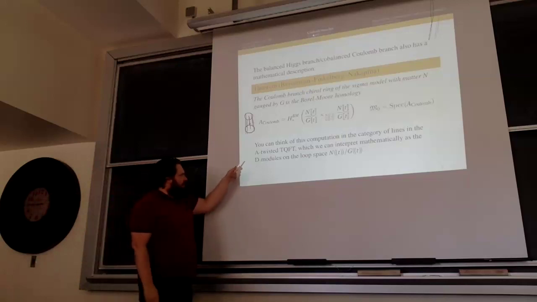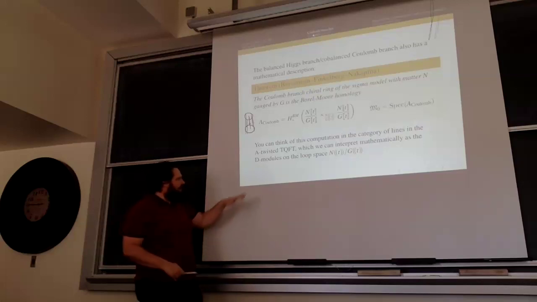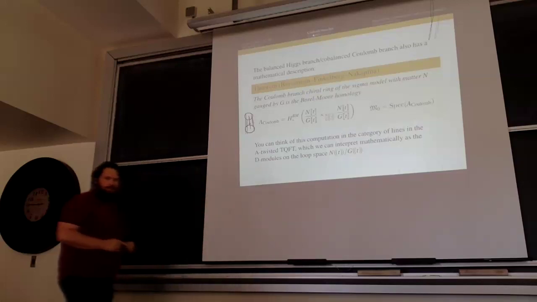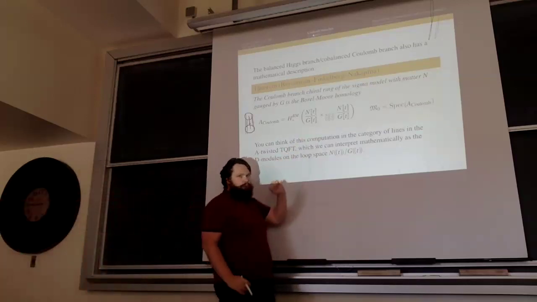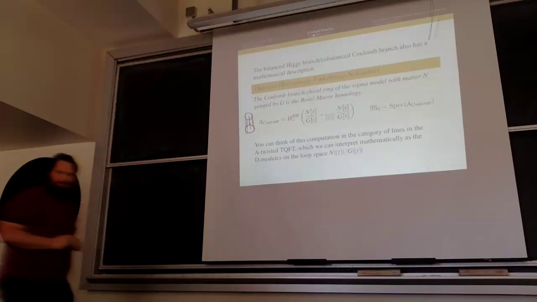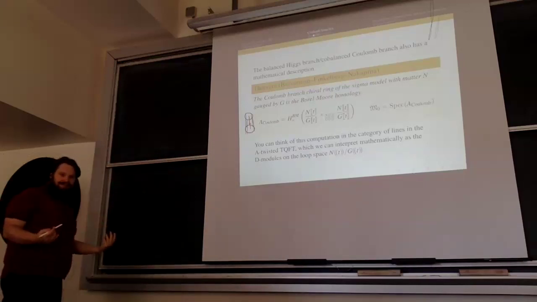You can make this more precise by saying that you want to interpret the category of lines in the A-twisted TQFT as D modules on this loop space. And this is the self Ext of a push-forward D module, the one corresponding to the trivial line.